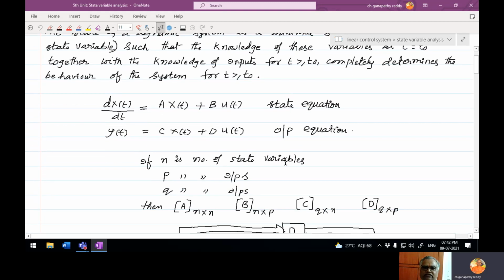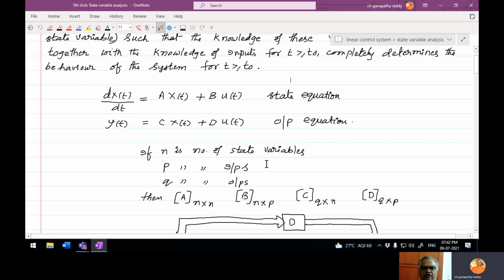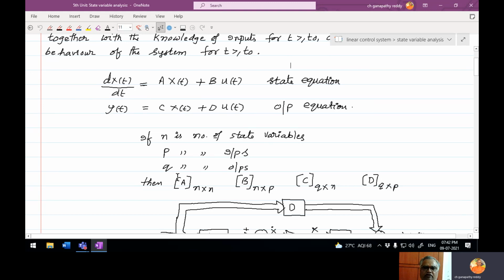Say small n is the number of state variables, which can be any number, P is the number of inputs, and Q is the number of outputs. So it comes under a multi-input, multi-output system, MIMO system. Under this condition, what will be the size of the A matrix?